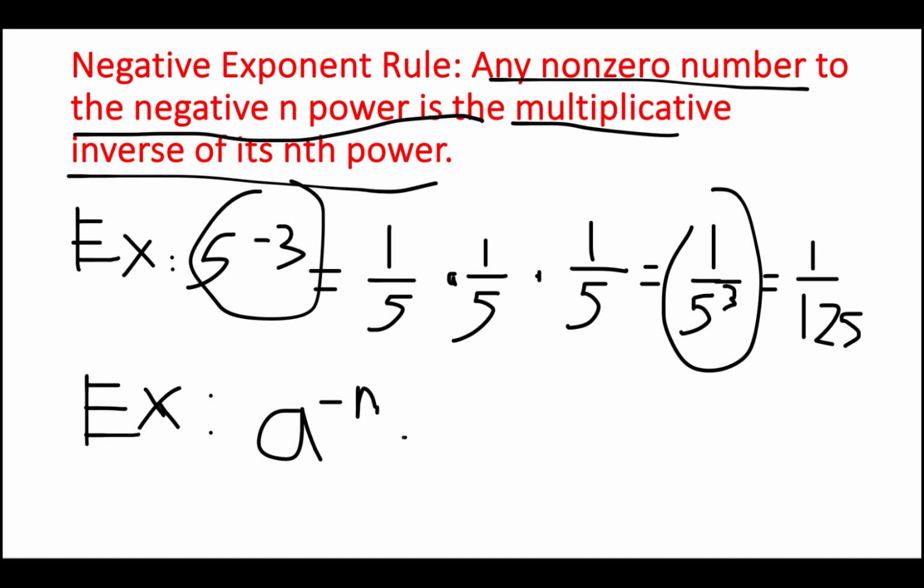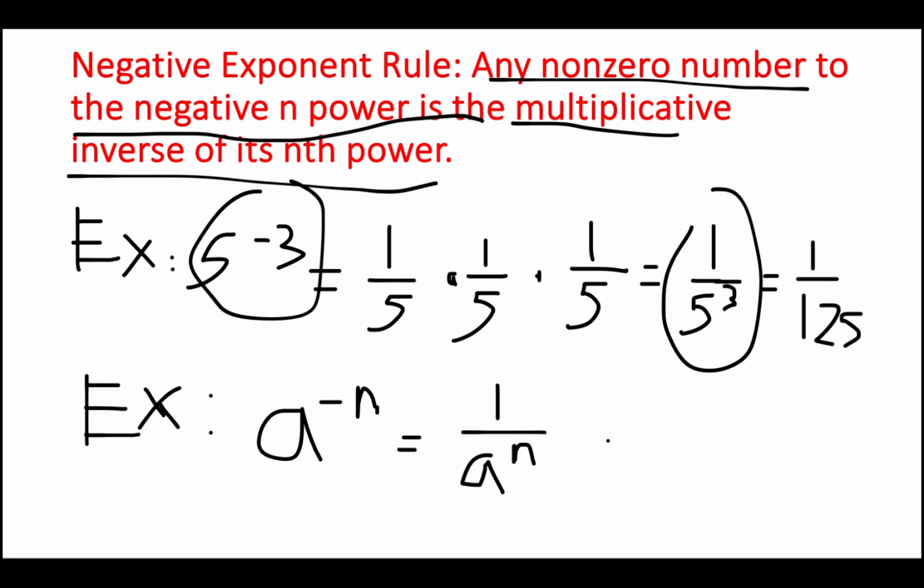To put it in positive format, you would put 1 in the numerator, and since n is negative, you put a to the power of n in the denominator. And that's the negative exponent rule.